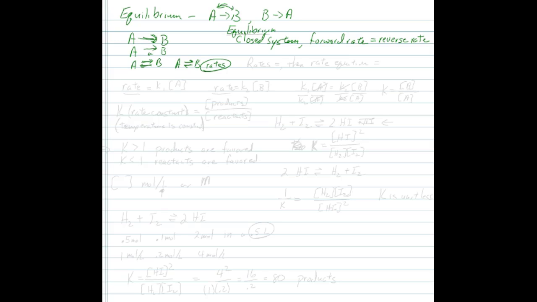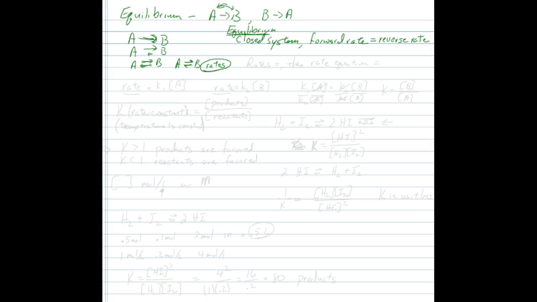Many systems do that. Many systems do not. If you burn a match or something like that, you are not going to be able to reverse it easily and get the carbon dioxide and the water produced to make a match stick. It does happen. It's called photosynthesis, but it's not easy.